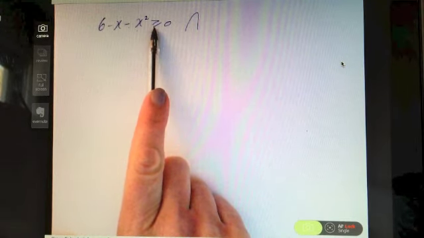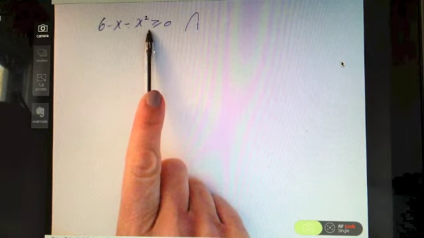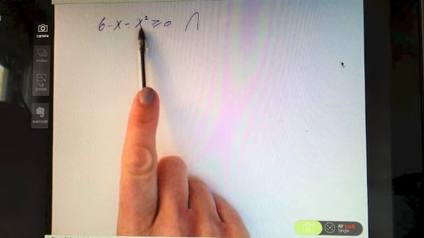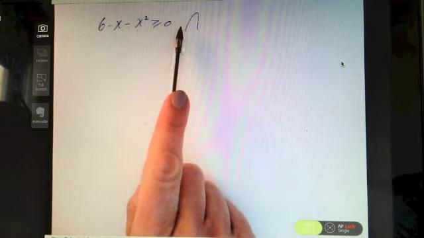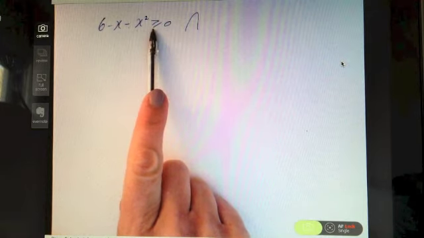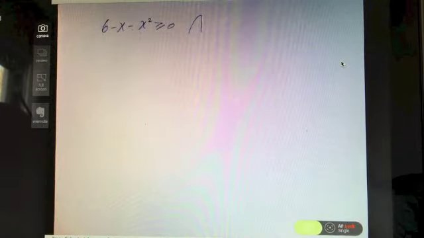So that's the one key thing when solving just linear inequalities, when there's no powers or quadratics to deal with, just normal linear inequalities. You can solve it like an equation, but if you multiply or divide by a negative, it flips the inequality. So the same is true here with this quadratic inequality.